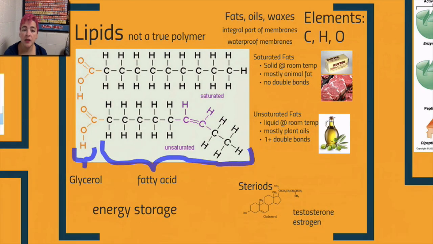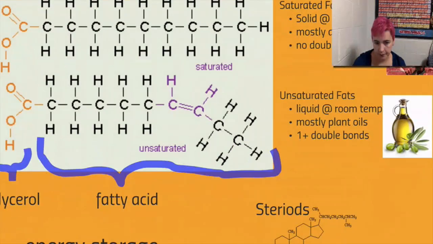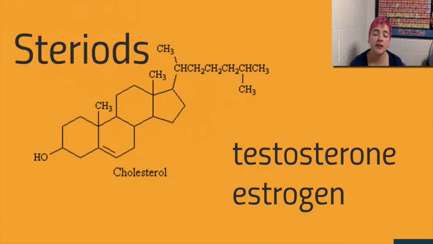Lipids, especially the ones in that large picture, are often used for energy storage, so your fat. When you've eaten too many carbohydrates and you're not using them on the cellular level, they're going to then transform into a lipid and be stored as fat. Another category of lipids are steroids.